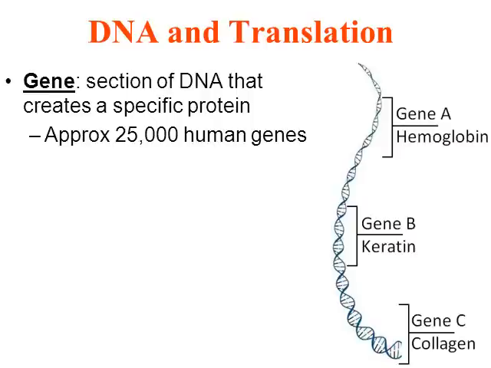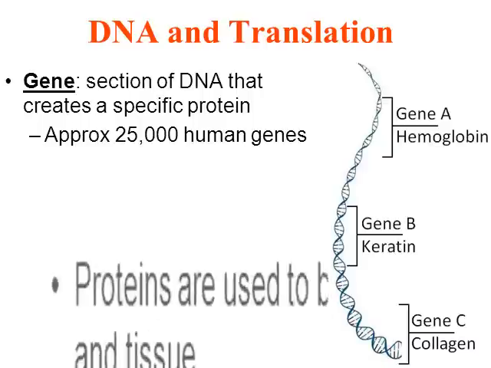Gene A on top, you can see the bracket surrounding gene A. Perhaps that's the instructions to build a protein called hemoglobin. In the middle, you can see another small piece of DNA, gene B, and perhaps that's the instructions to build a protein called keratin. And so we have about 25,000 genes that make up human DNA.